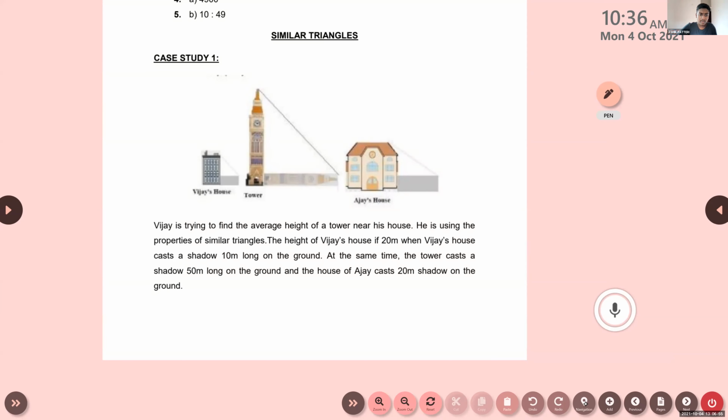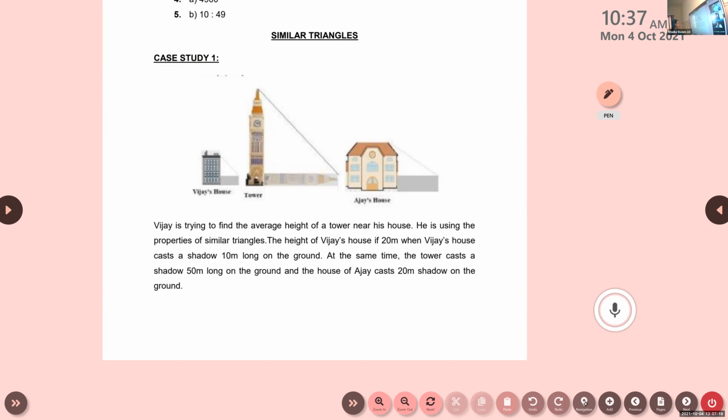He is using the properties of similar triangles. The height of Vijay's house is 20 meter when Vijay's house casts a shadow 10 meter long on the ground. At the same time, the tower casts a shadow of 50 meter long on the ground, and the house of Ajay casts 20 meter shadow on the ground.